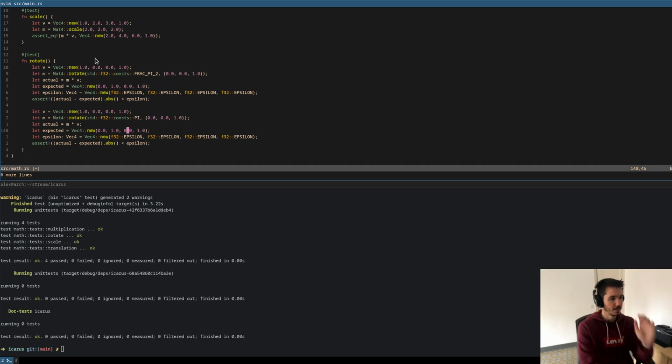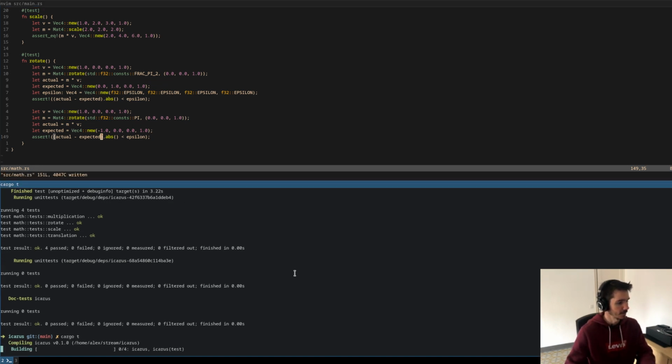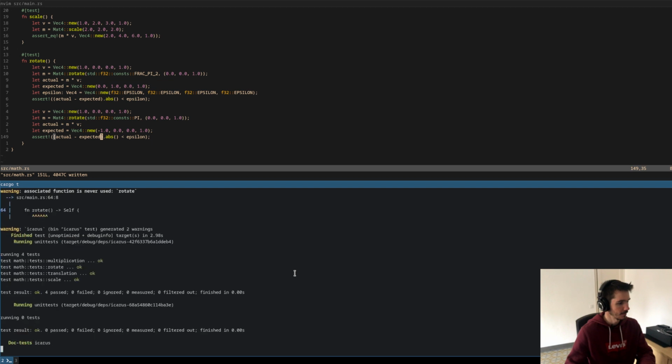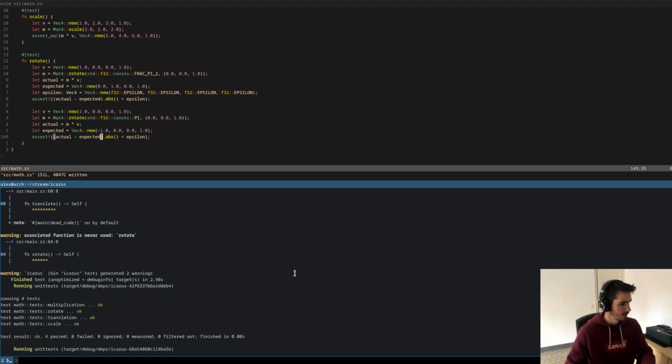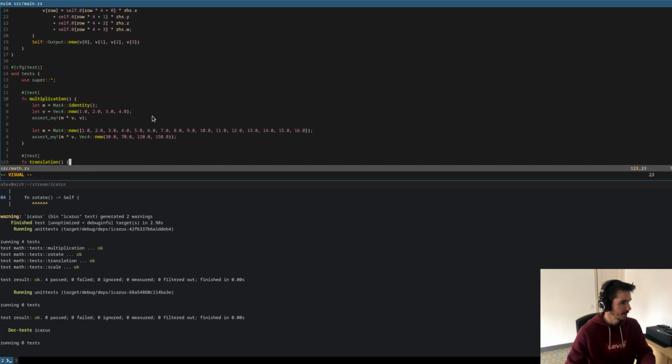Y should be -1 on the x direction. I need to duplicate the epsilon. Test this. So far, this case is also passing.